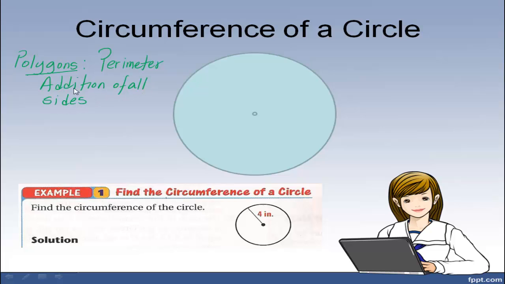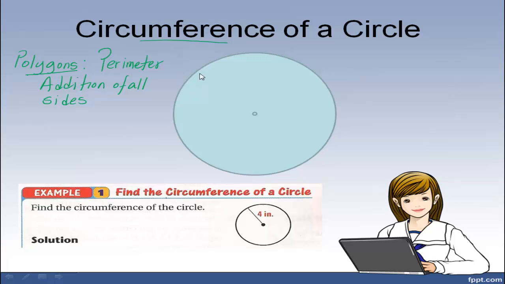Since the circle is not a polygon, then when I measure around the circle, if I take a tape measure and I measure all around this circle, that measurement or that length around the circle, that is what we call the circumference.